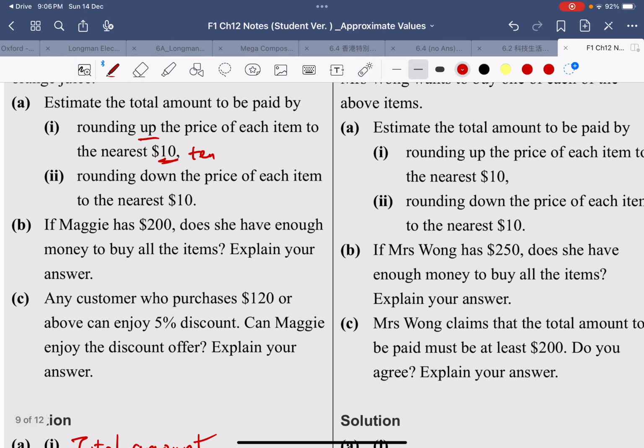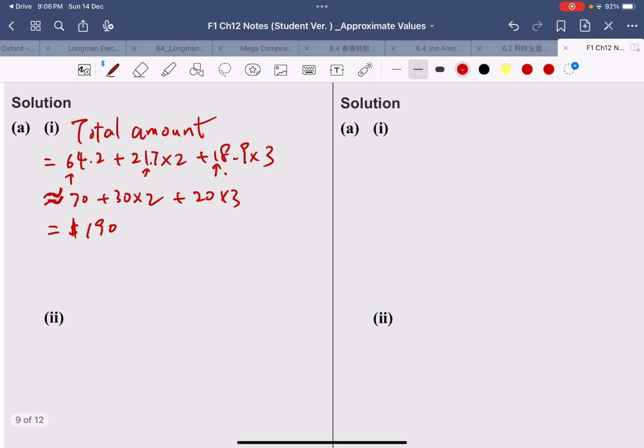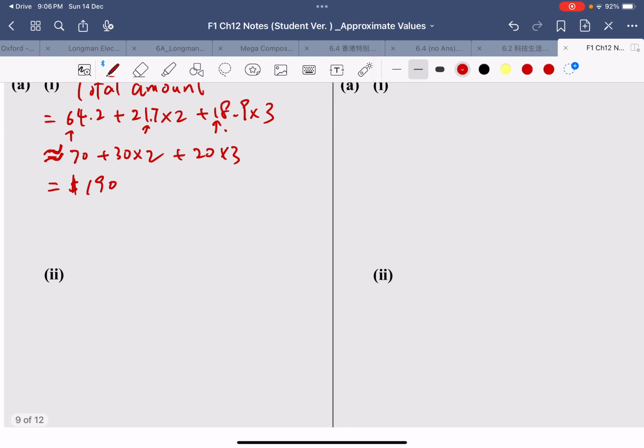And then you're going to round down to the nearest 10. Again, the same writing here.